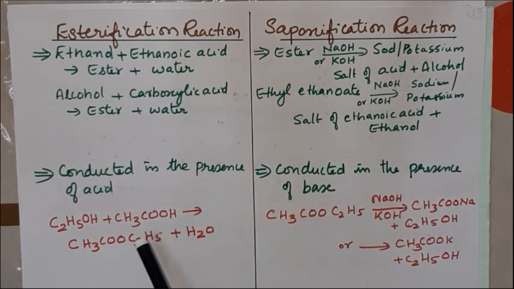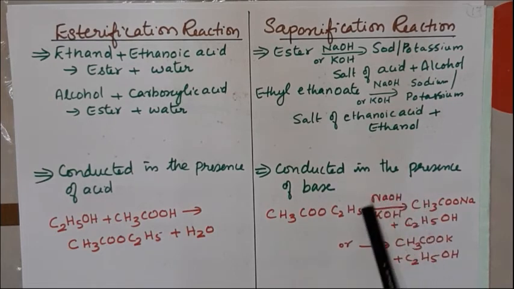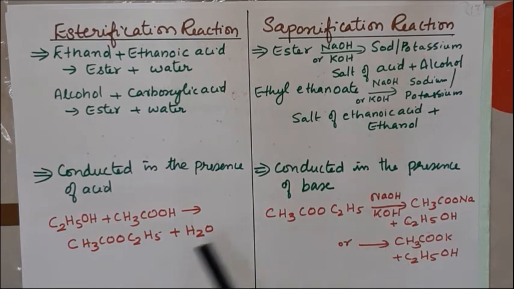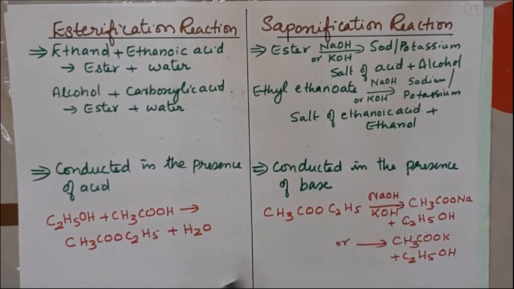You remember, esterification is conducted in the presence of concentrated sulfuric acid. You can see here the saponification reaction is conducted in the presence of a base. In both the cases, write the equation to show that you are able to distinguish between the two types of reaction.